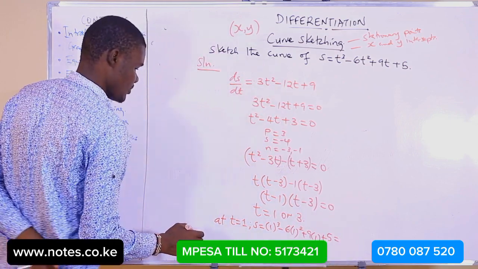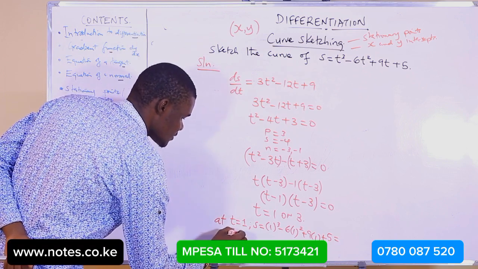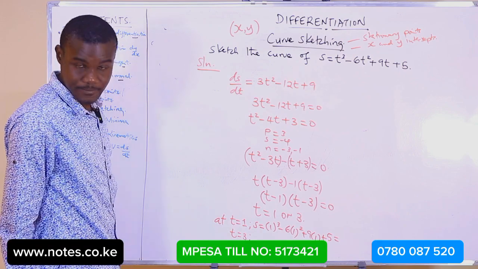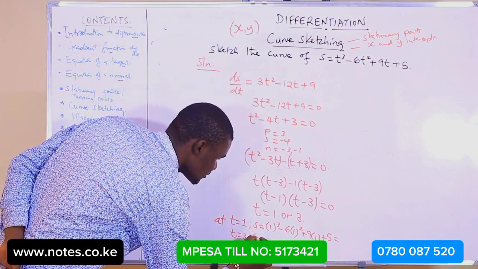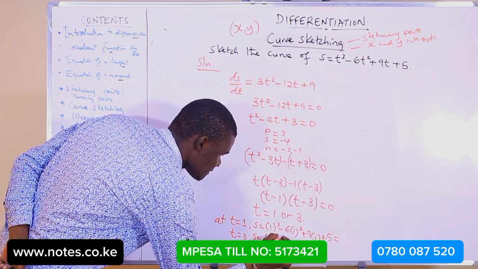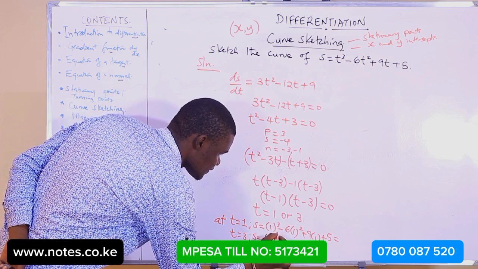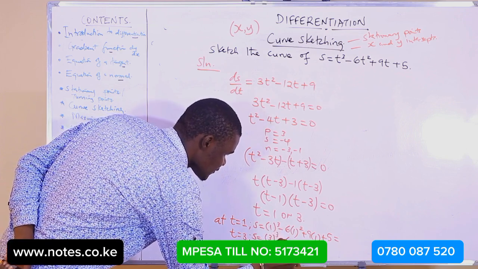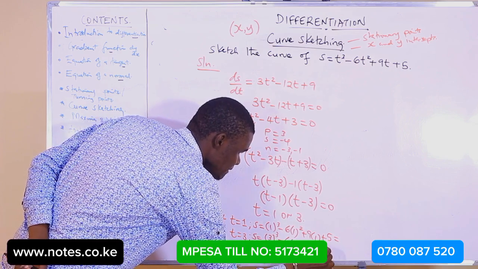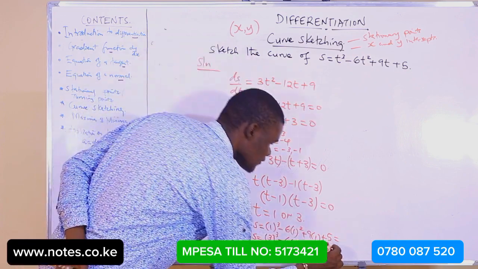Then you're also going to replace at t is equals to 3. What is the value of s? S will be, anywhere you see t, you put 3. So that is 3 cubed minus 6 into 3 squared plus 9 into 3 plus 5.